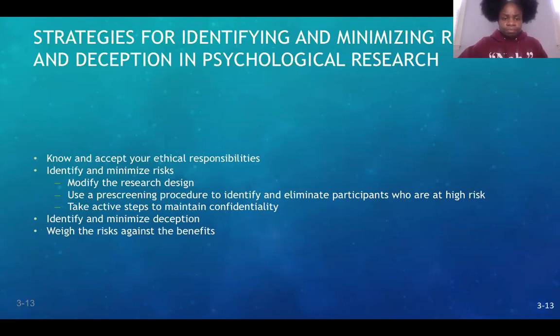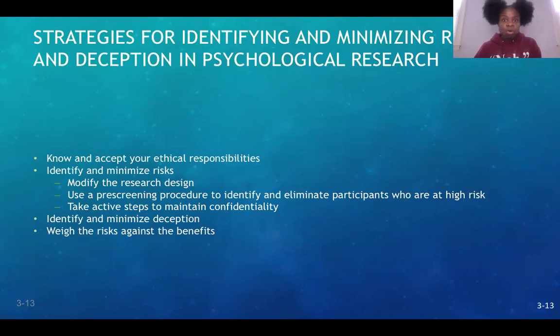So lack of awareness and understanding of an ethical standard is not itself a defense to a charge of unethical conduct. This is why the very first thing that we need to do as new researchers, as students who are new to the field, is to know and accept ethical responsibilities.